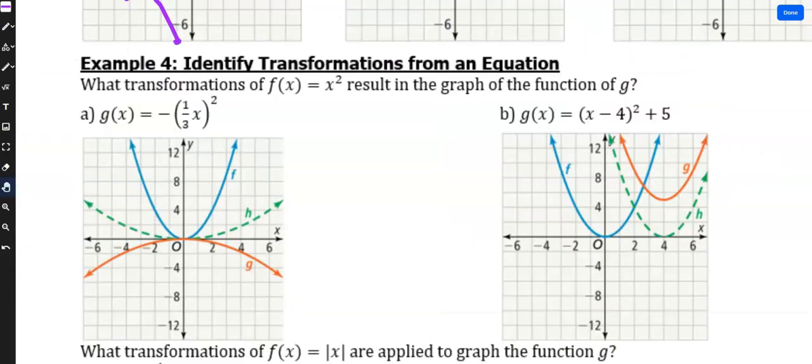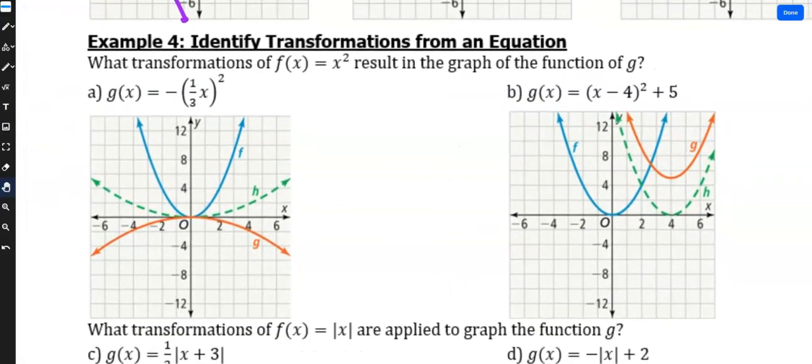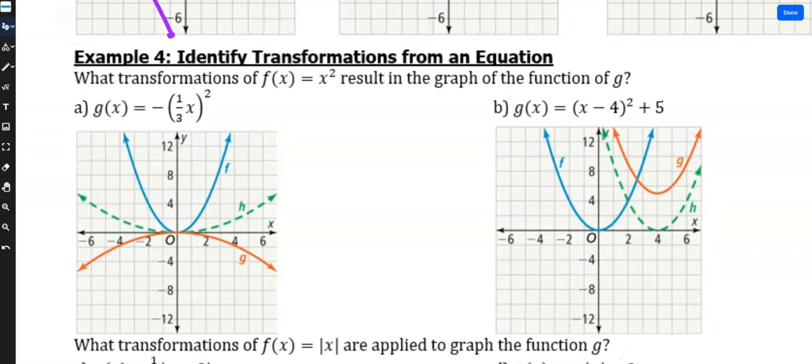All right, so on part A here, they're asking me what transformations result. So you're starting with the original function. Here, I'll highlight it in blue. The original function is the parabola at the beginning. And then they have like a stair step.